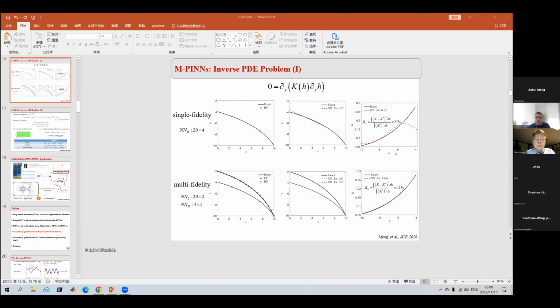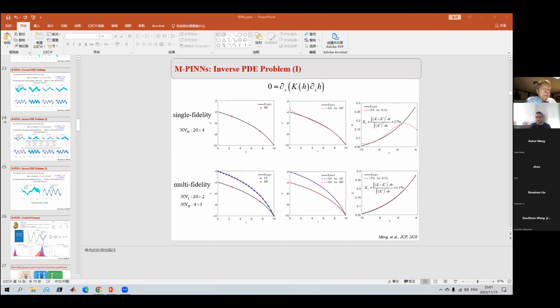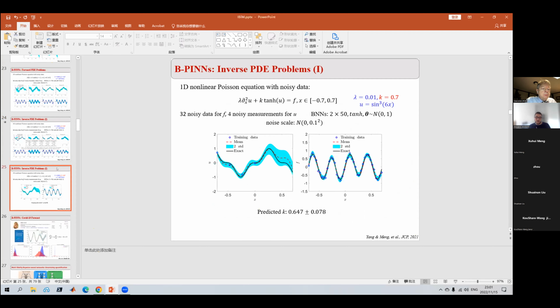So I was wondering if you tried these approaches on some intermittent solutions or something similar. Do you mean some more difficult PDEs? In general, the solutions are for sure nonlinear, but they have a periodic nature somehow. So I was wondering how this works for some kind of intermittent solutions.